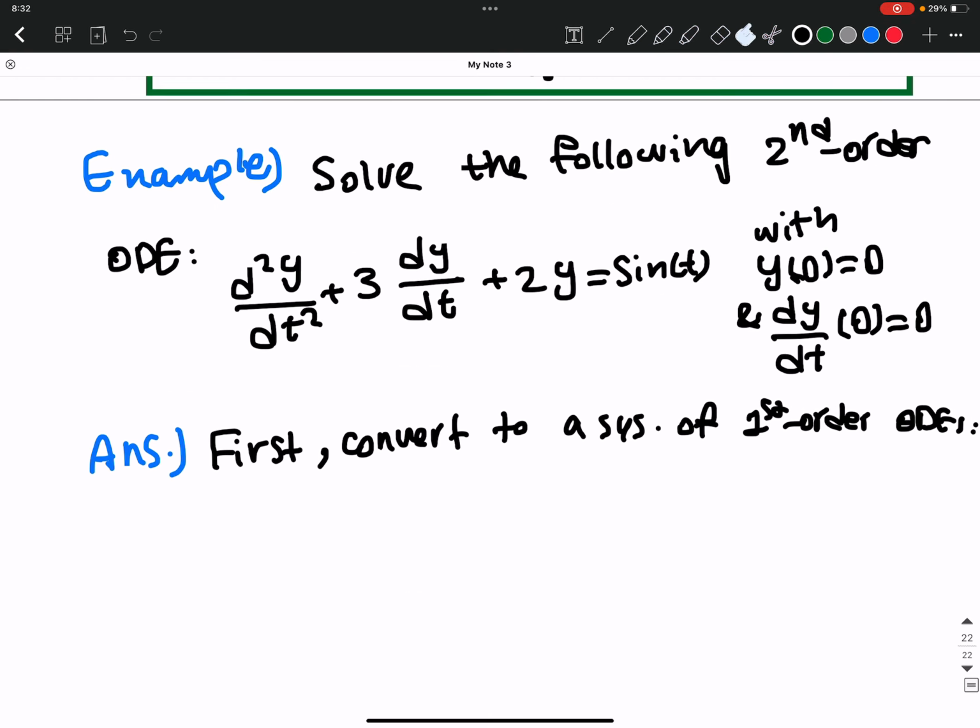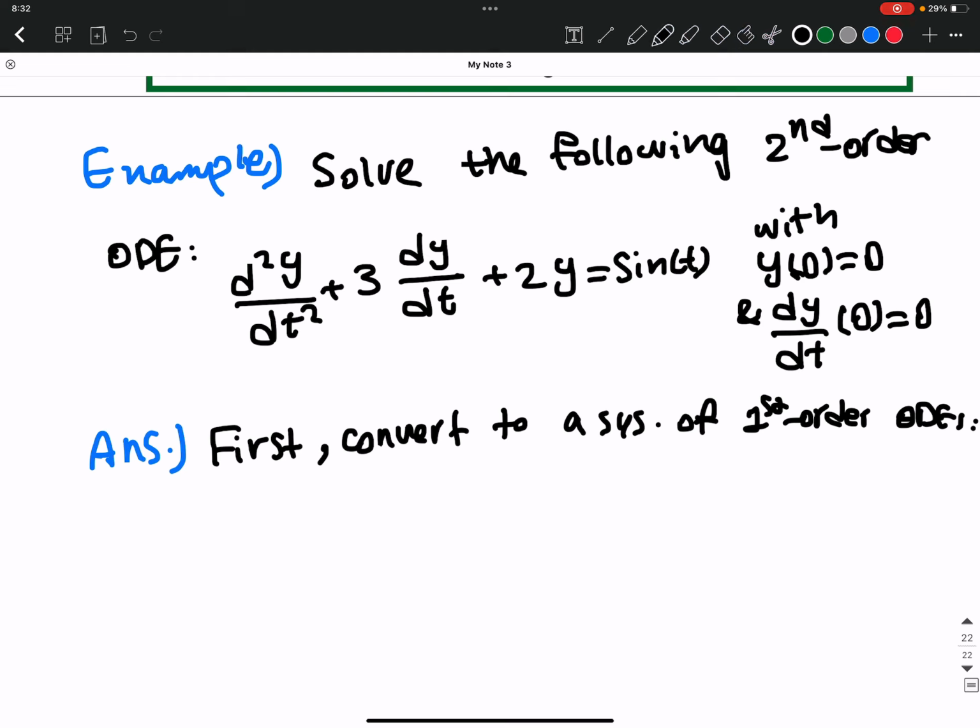To do so, I will write x1 is y, and x2 is dy over dt. So this gives me dx1/dt is basically x2.